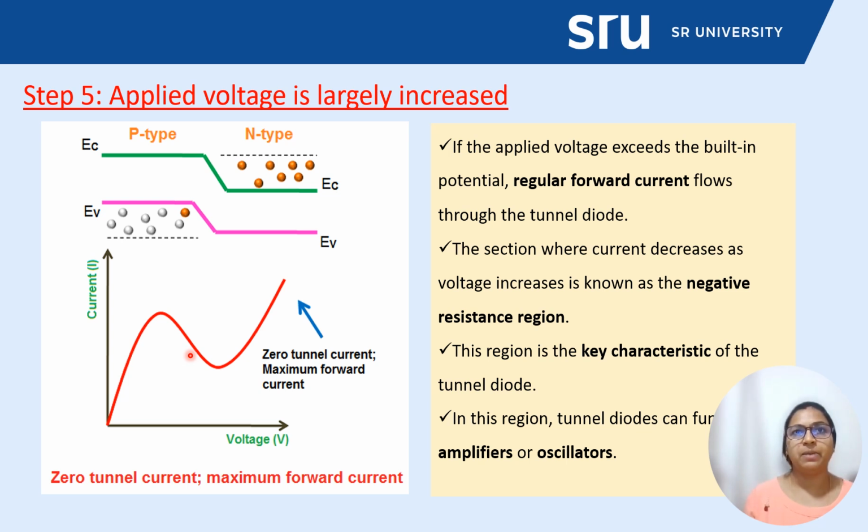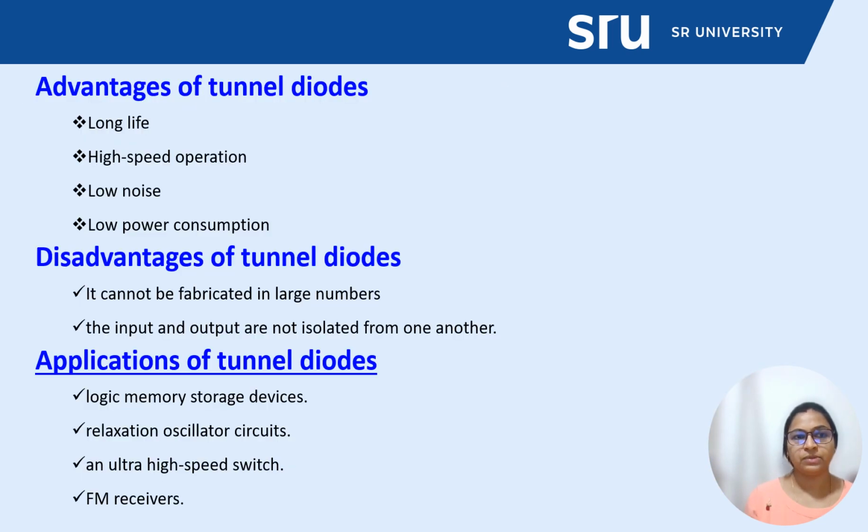Some of the applications we already went through in this lecture. But let us summarize the advantages and disadvantages of the tunnel diode. The tunnel diode has a very long life and high speed operation.